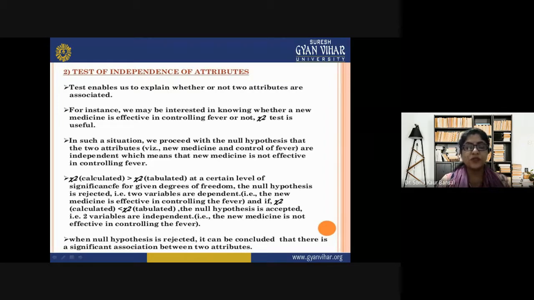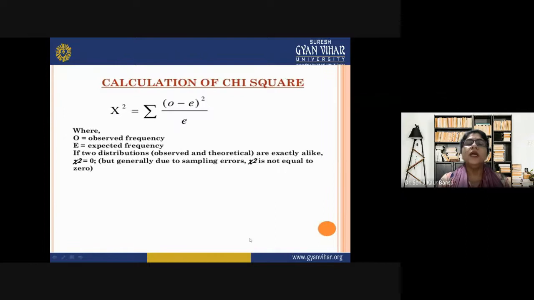All right, students. So let's proceed further with the next type. Now, this is the calculation of chi-square, how it is done. So chi-square is calculated in such a manner: χ² equals summation of (O minus E) squared upon E. O stands for observed frequency, E stands for expected frequency.